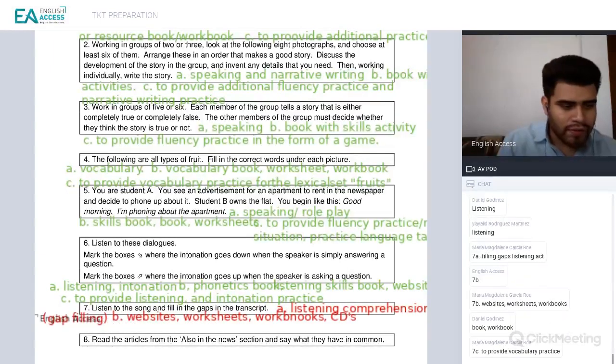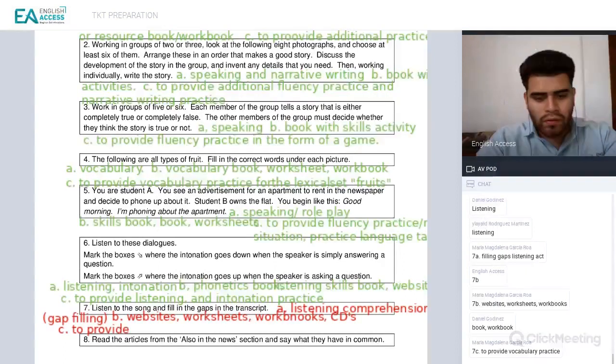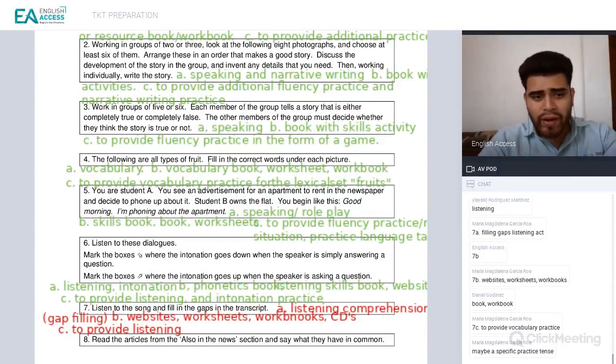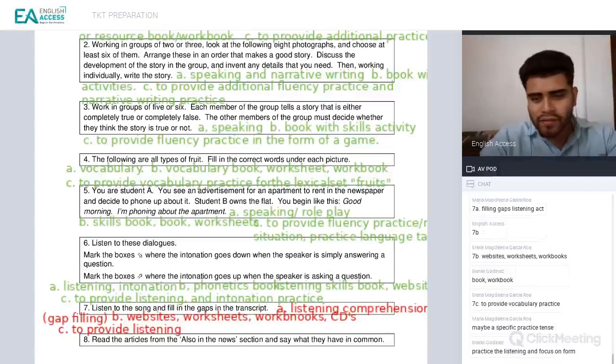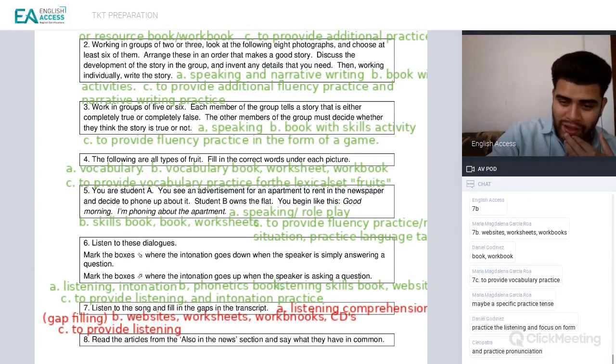To provide? Okay, maybe, yeah, it can be for vocabulary. Okay, maybe specific tense. Yes, yes. To focus on the form. Okay, you want to make it a grammar activity. All right.